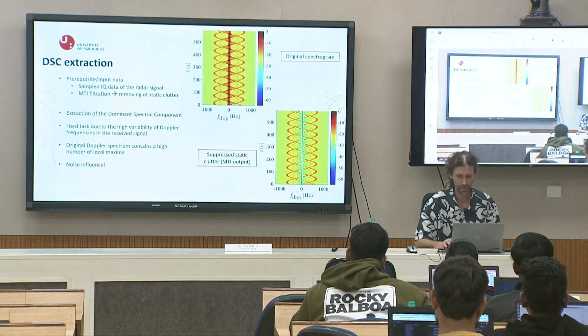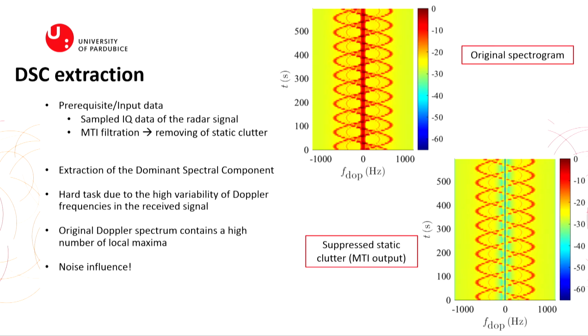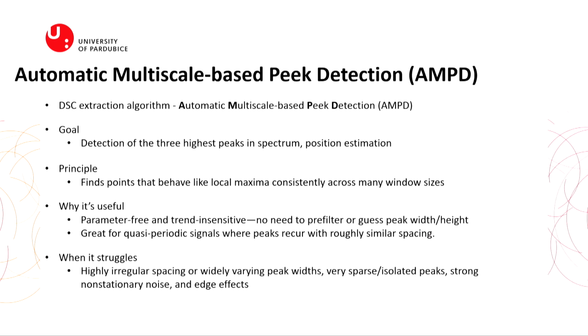So before we start suppression, we of course need to make identification of these 3 components, and this identification is based on automatic multiscale based peak detection, and for this reason I call it AMPD.